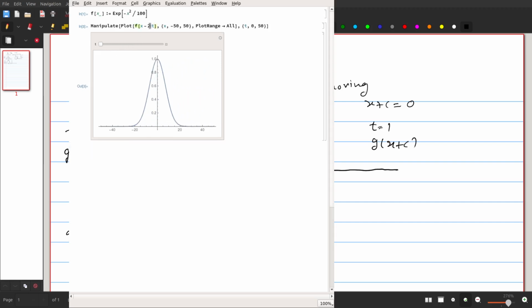Similarly, if we take x + t instead of x - t and then we increase time, this graph will be moving to the left instead of right. It is now moving to the left, and if we increase the velocity, it will be moving faster.